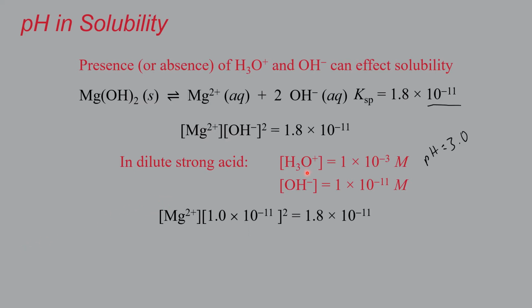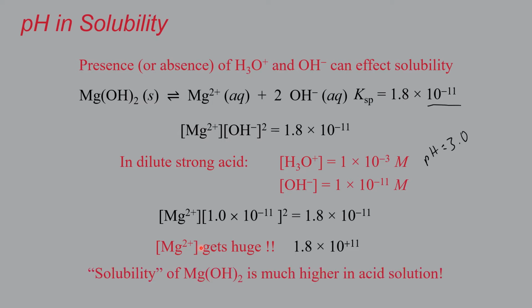If you solve for the magnesium concentration, you should find that it gets very large because you are dividing by this very small number twice. And if you work it out, the equilibrium magnesium concentration is 1.8 times 10 to the 11 molar. This is an insanely high concentration. You never actually achieve that.